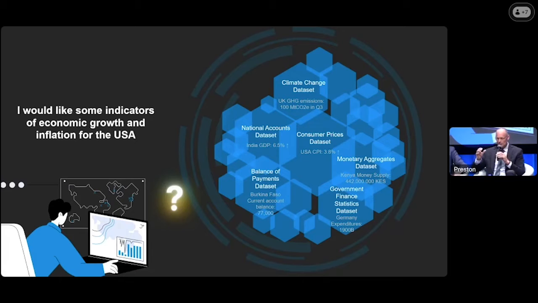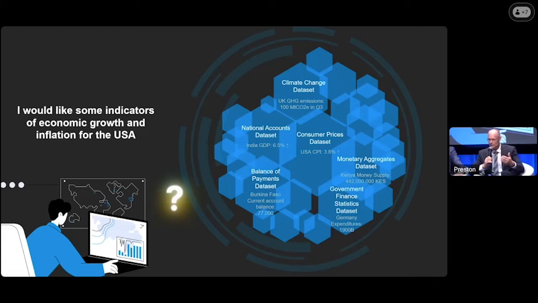So what we do is we take all the data that we produce and we put it in many, many different data sets. And we stovepipe that data between national accounts data, prices data, labor data. We put it here, there, and everywhere. And we use terms like CPI and GDP and BOP. In fact, many times we don't use words. We just use acronyms. And that's what we present to this researcher who has this very basic question.